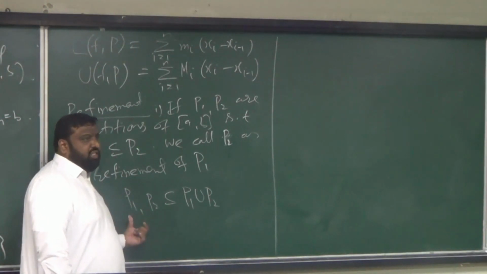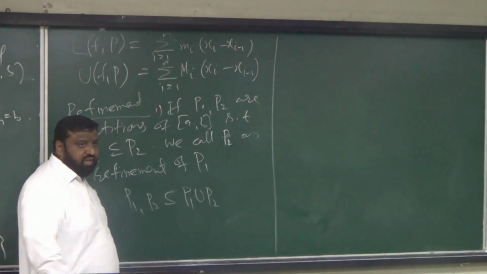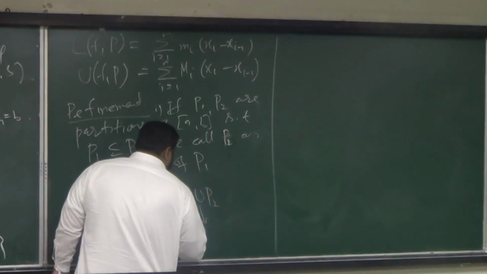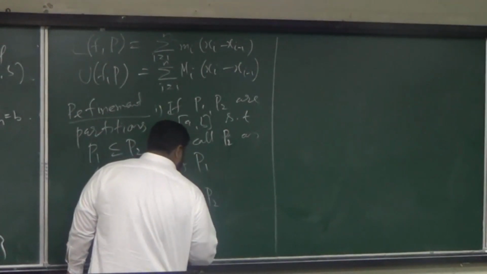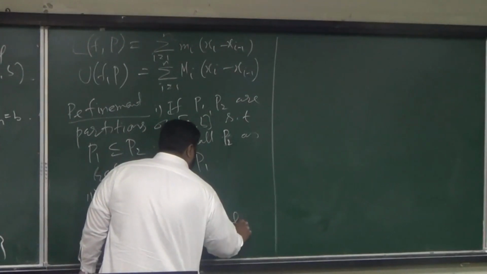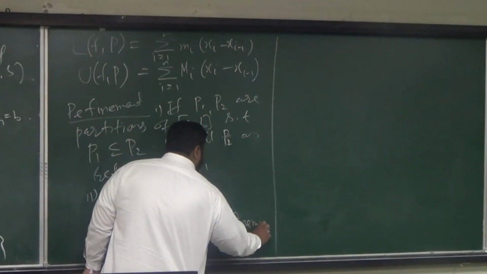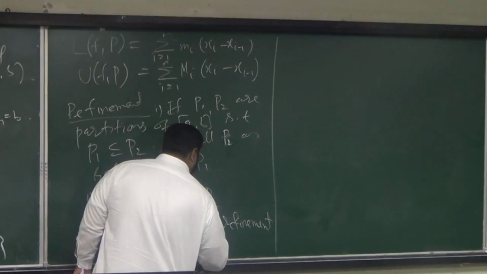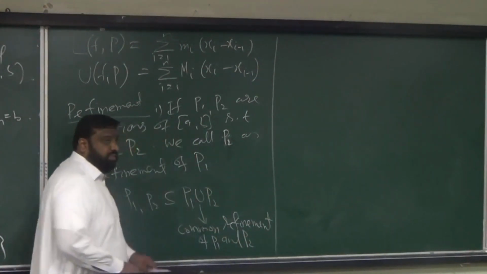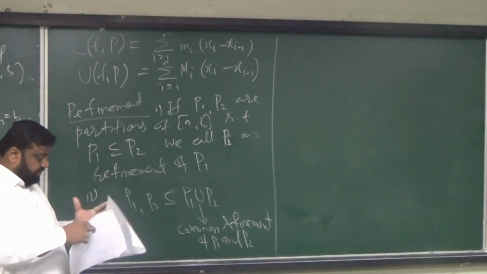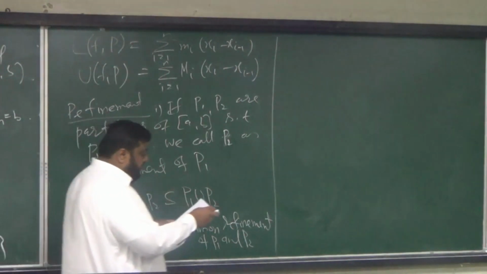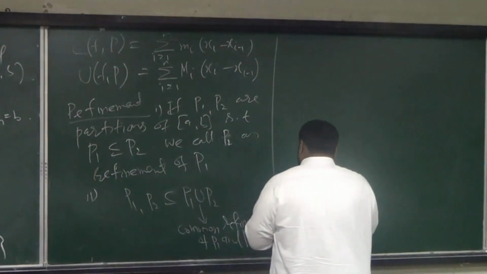If there are any two partitions, that union is called the common refinement of P1 and P2. Right?